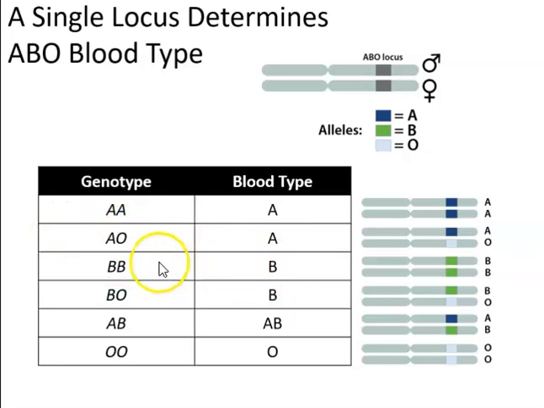You can either have 2 Bs, or you could have a B and an O genotype to make the type B blood type. For AB, you have to have 1 A and 1 B, and that will give you the blood type AB. And in order to have the O blood type, you have to have both O's for your genotype.